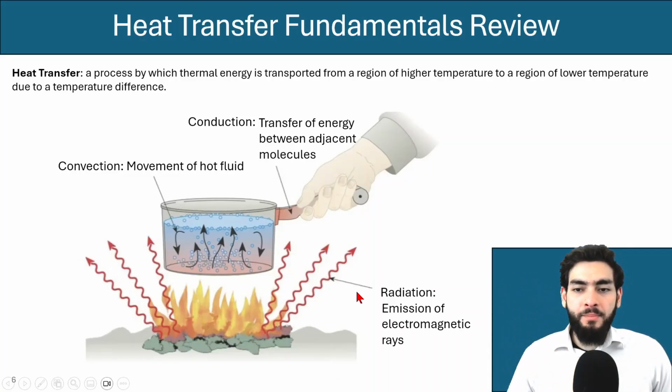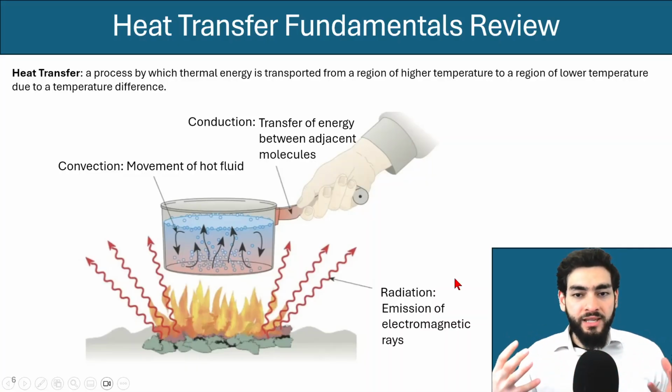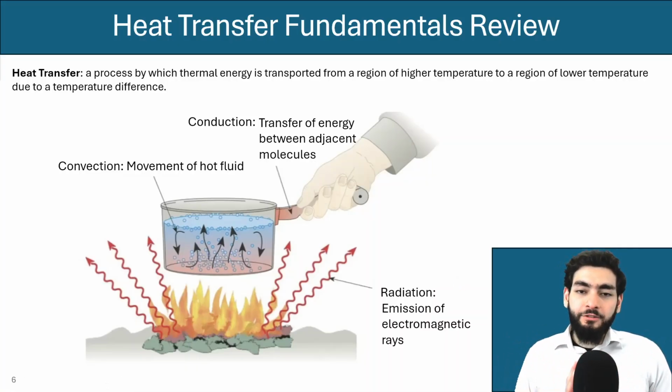The last mechanism is radiation, and radiation is associated with the emission of electromagnetic rays. This is completely different from conduction and convection. It happens because all objects emit some form of electromagnetic radiation, and that radiation has some heat associated with it.